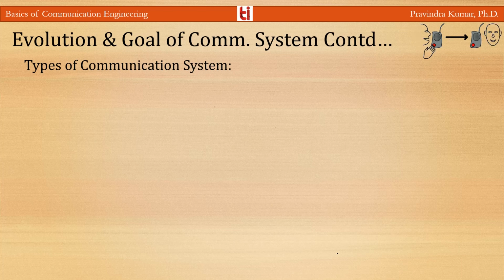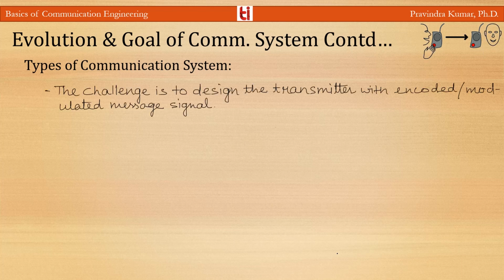In the design of a communication system, the information source, communication channel, and the information end user are all specified. The challenge is to design the transmitter, which will encode and modulate the message signal generated by the source of the information and transmit it over the channel.